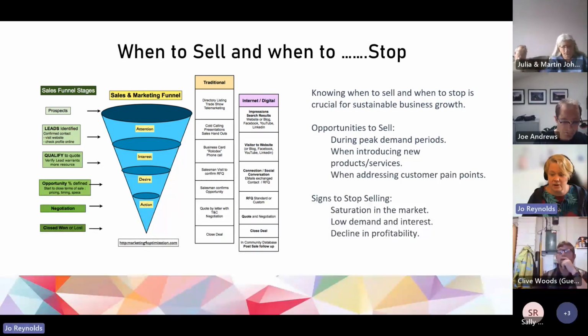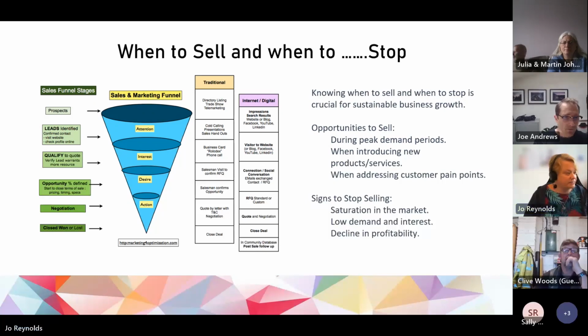So I would say that it's just as important to know when to stop as it is to know when to start. Okay, so Joe's put in the chat, if it's going to take you 4 months to build the site, no one else is going to pitch your idea or build the site before you, which is a good point. Okay, but we can have a separate conversation if you want, Julia and Martin, okay?